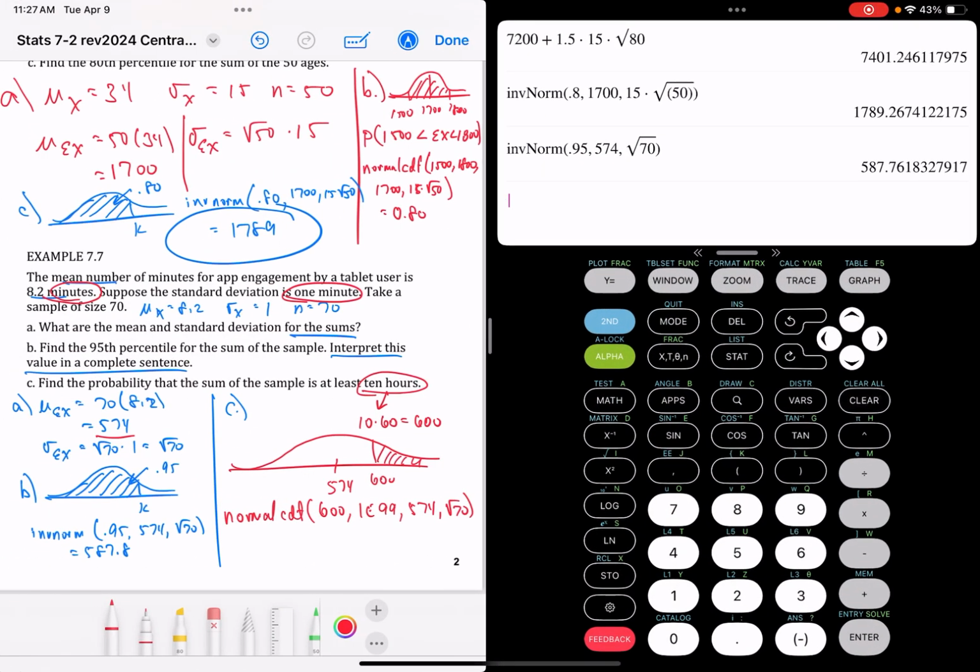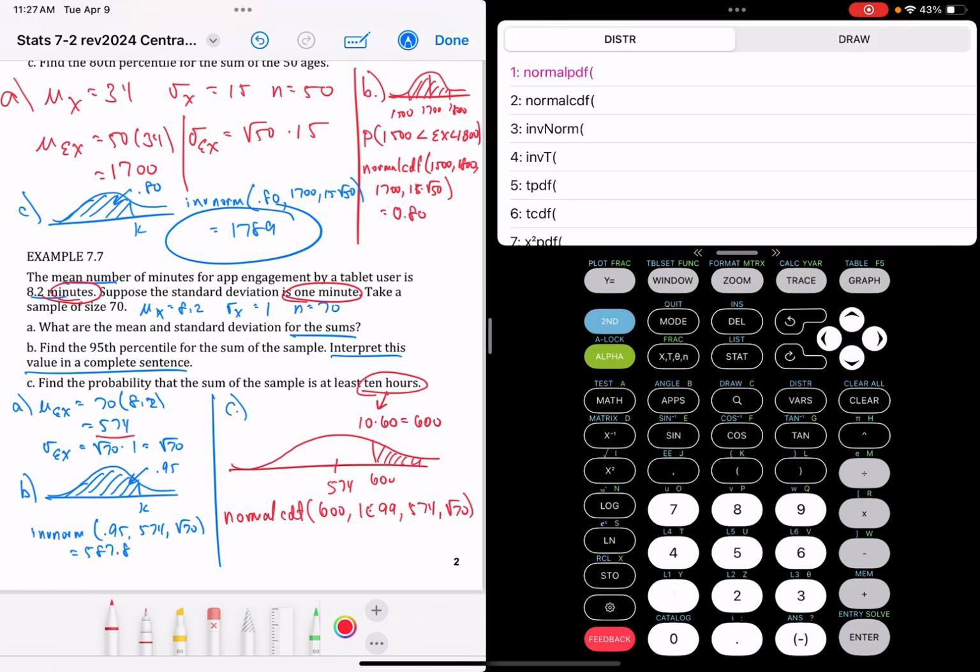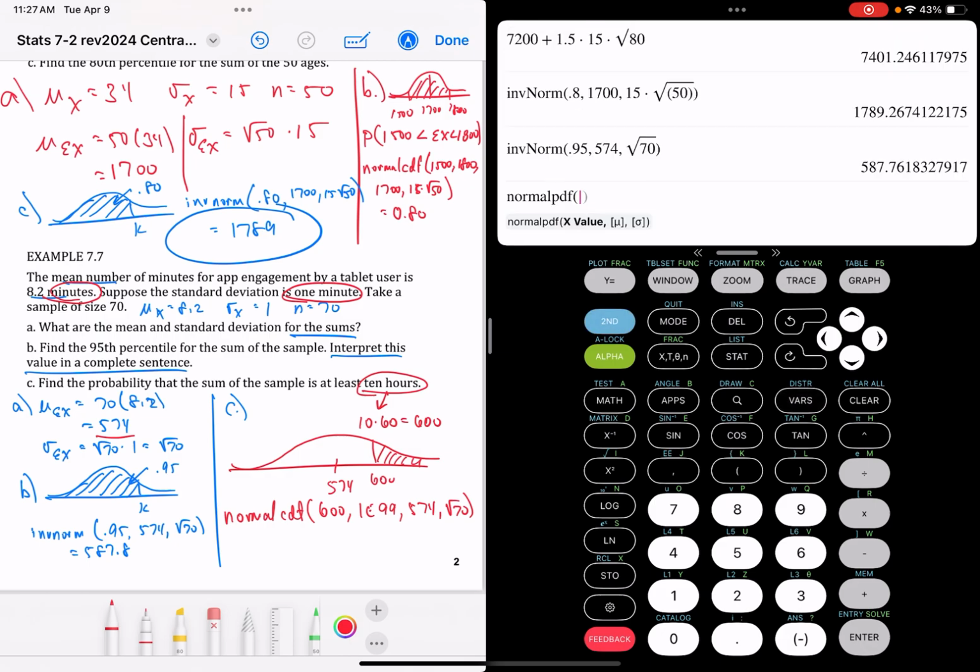So let's see here. That's going to be our normal CDF again. Let me find that. We got 600, 1E99, then we got 574, and we've got square root 70.